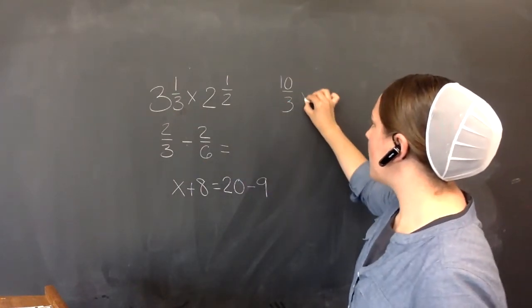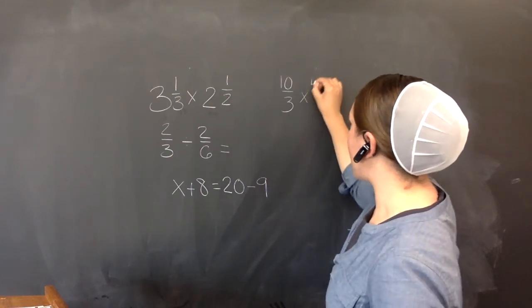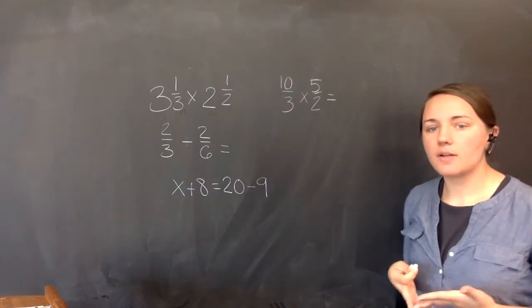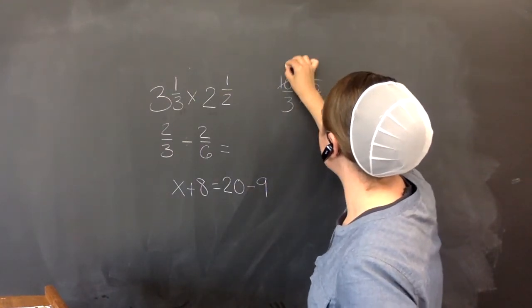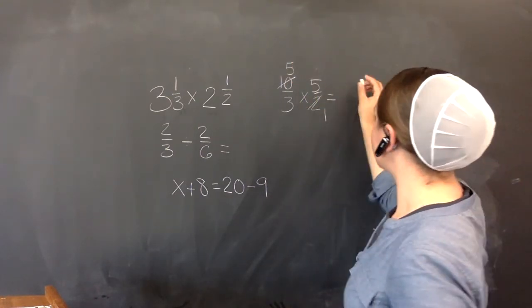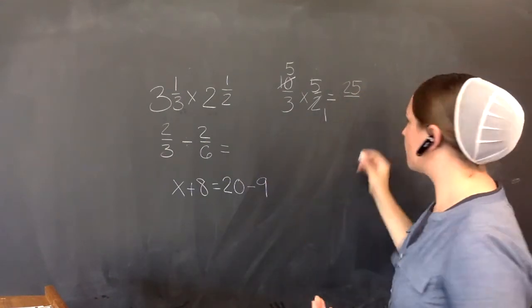Now, 2 times 2 is 4 plus 1 is 5, so 5 over 2. Now, can we cancel here at all? Yes, 2 goes into 2 one time, 2 goes into 10 5 times. Now we're ready to multiply, so you go 5 times 5 equals 25, 3 times 1 equals 3.